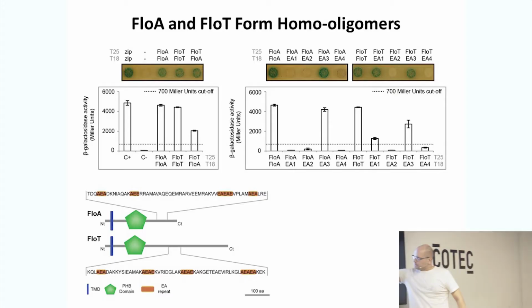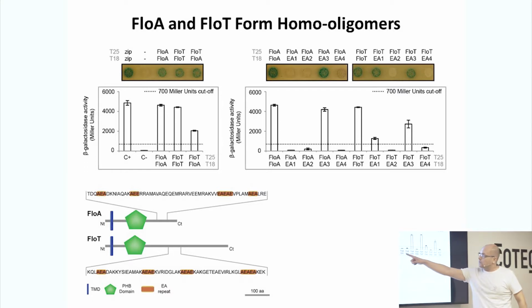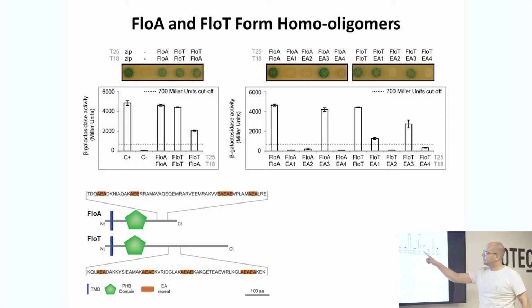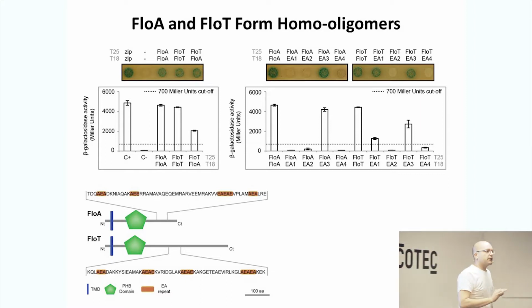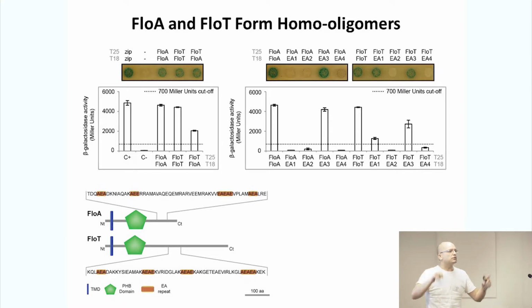Indeed, when we affect EA repeats 1, 2 and 3, we didn't see anything, neither in FloA nor in FloT. But when we delete EA4, and the same happened with FloT, we see that minimal alterations in this glutamic acid-alanine sequence change the affinity dramatically. They do not interact anymore, except with the EA3.